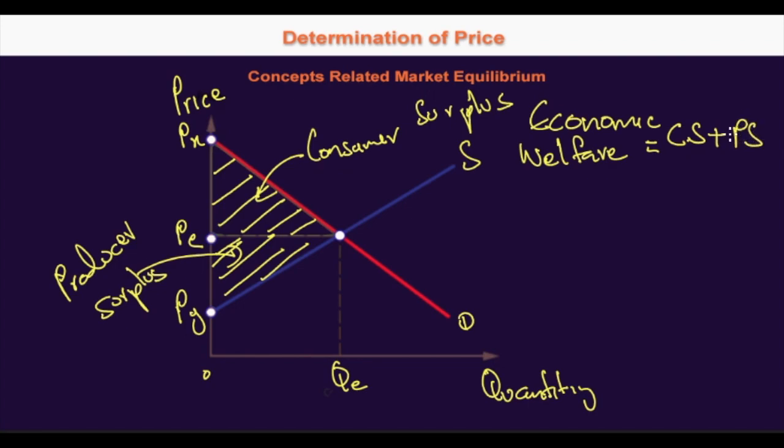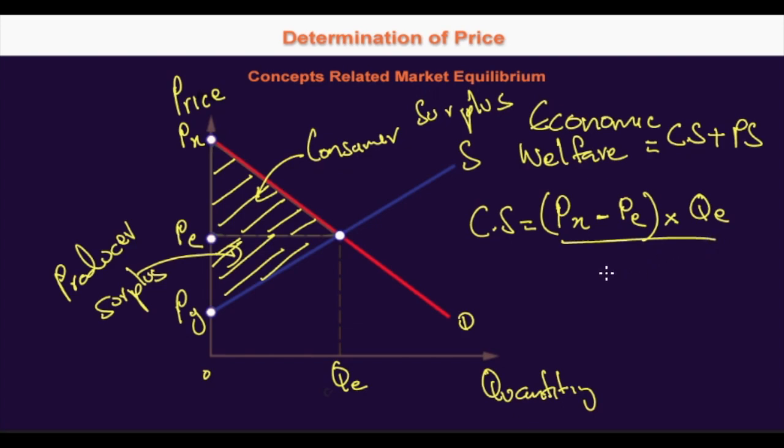Now, another question may be, how do we calculate consumer surplus? Consumer surplus can be calculated as the maximum price, that is Px, minus the equilibrium price, Pe, multiplied by the equilibrium quantity, QE, divided by 2, which will give this area of consumer surplus.